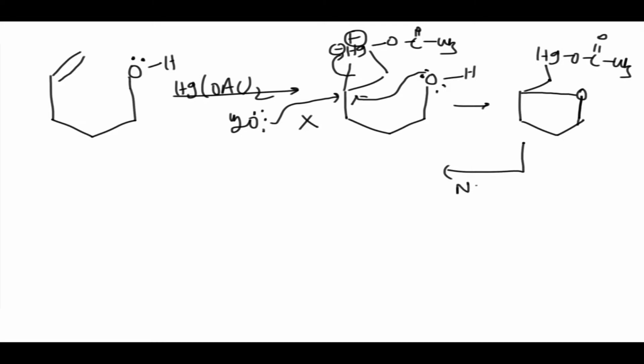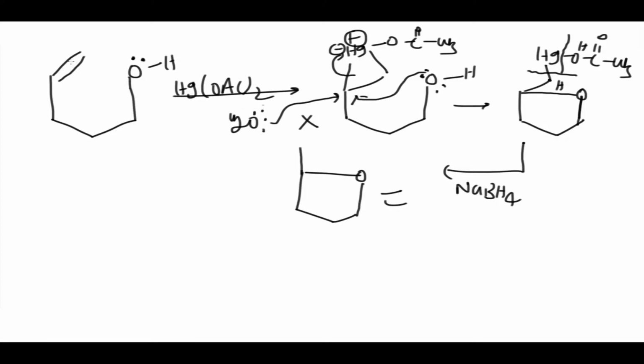So this is treated with NaBH4. Whenever you add NaBH4, one hydrogen is added here, another hydrogen is added here. Then you are going to get the product here. This is the final product. So this is the example for intramolecular oxymercuration and demercuration.